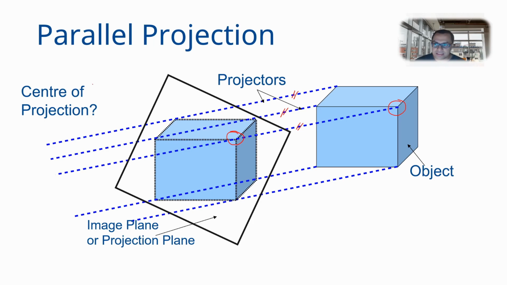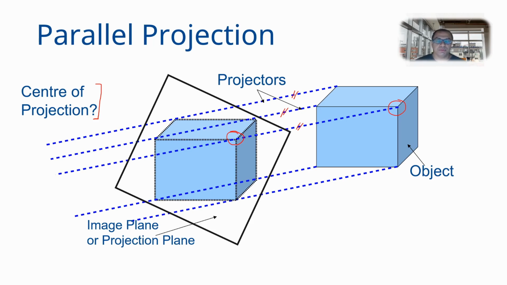But in such a case, can you tell me where is the center of projection? Because the center of projection earlier was at a point which was at a finite distance from the object, but now that the projectors are all parallel to each other, the center of projection is driven to infinity.